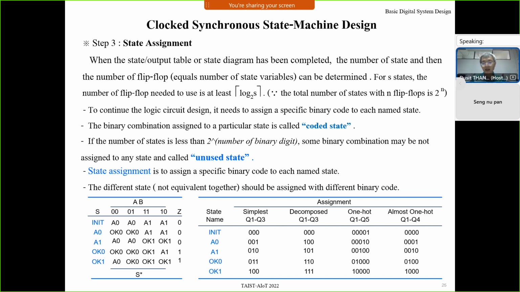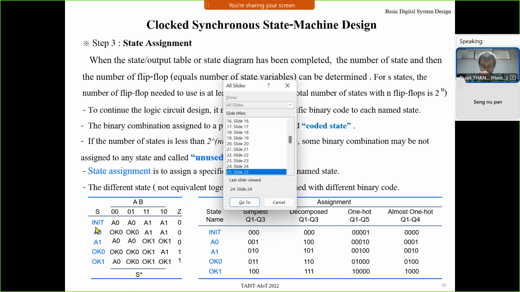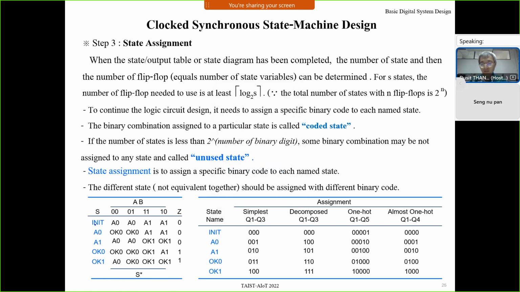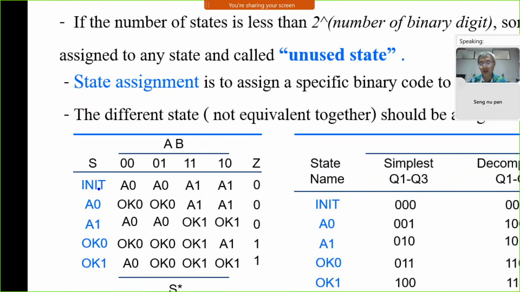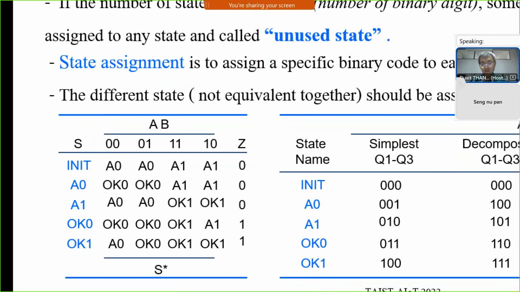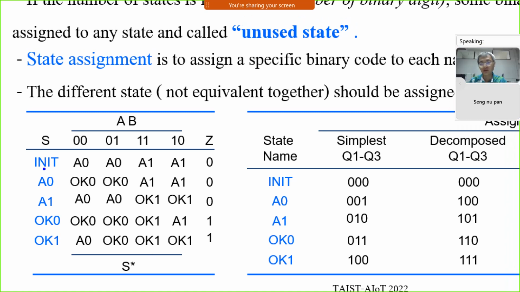Okay. Next step. After you get the state table, you may assign a binary value for each state name. For example, you may define it as 000, 110, 100, 011 and 100 for these states, or use this one.